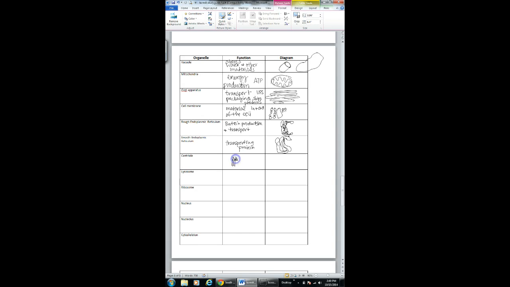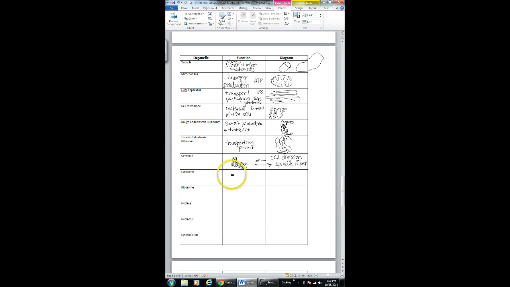They have lots of lines on them like this. And they're found in the cell. And later on, we're going to learn that they help in cell division, and spindle fibers that help break apart that cell.